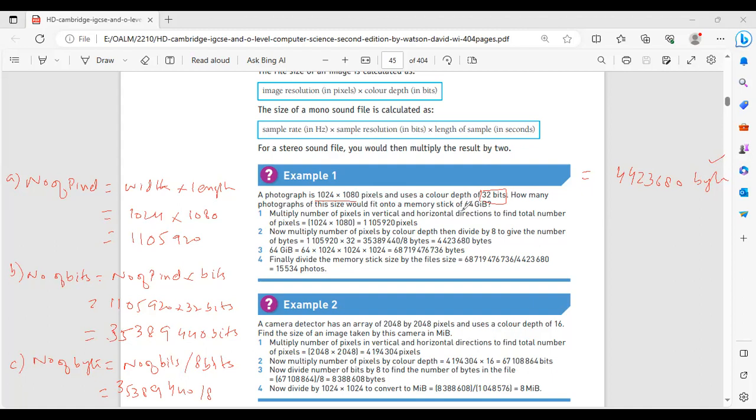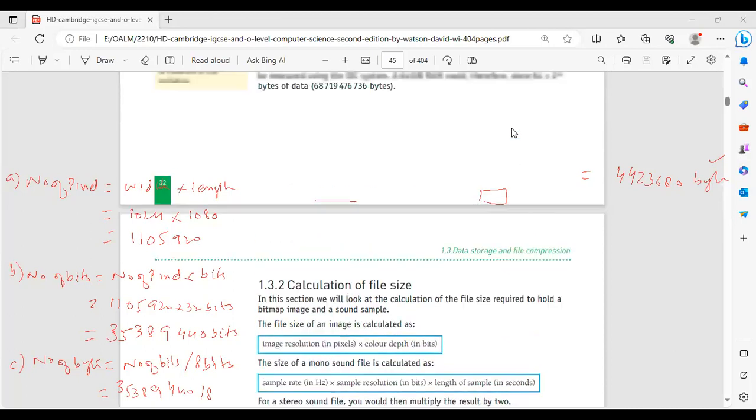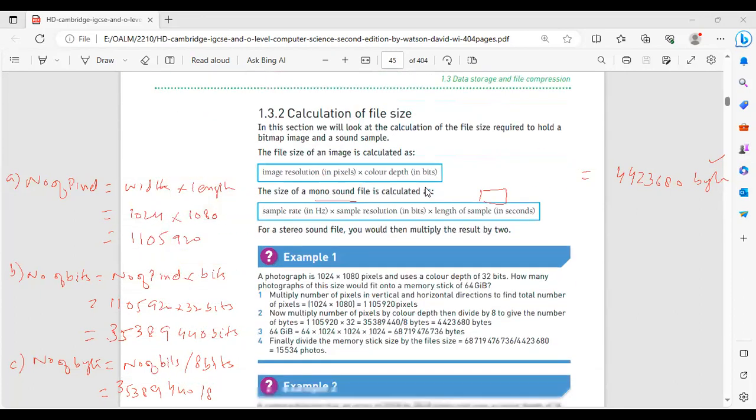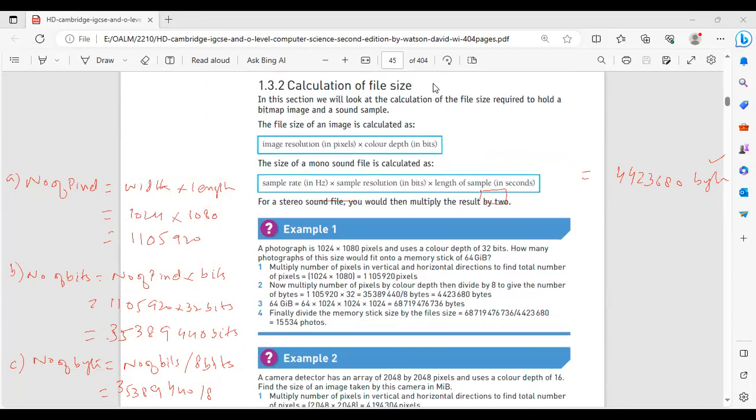If you remember the table, I showed you that GB comes at 2 power 30.